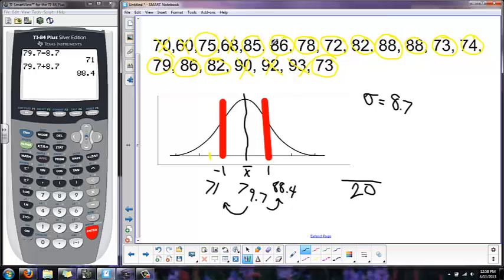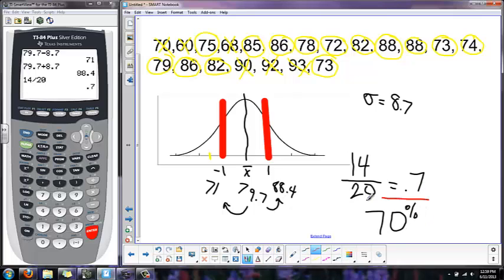So 1, 2, 3, 4, 5, 6, 7, 8, 9, 10, 11, 12, 13, 14. 14 students out of a total of 20 fall within 1 standard deviation from the mean. So I'm going to go over here. 14 divided by 20, that is 0.7. So what's the percent of students? That would be 70% of the students fall within 1 standard deviation of the mean.